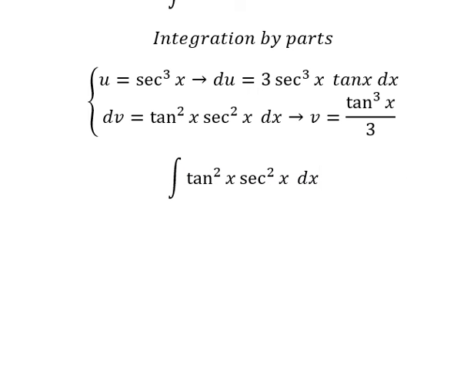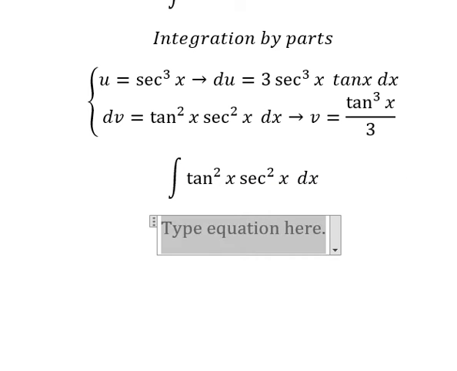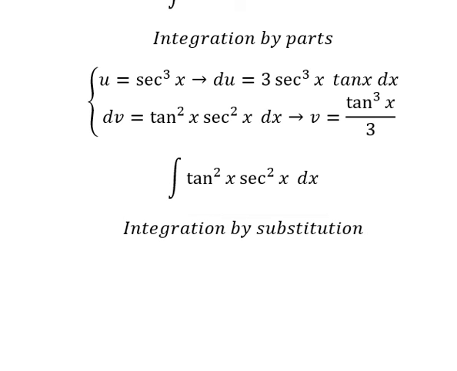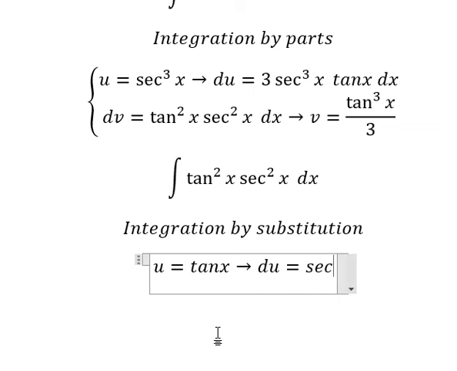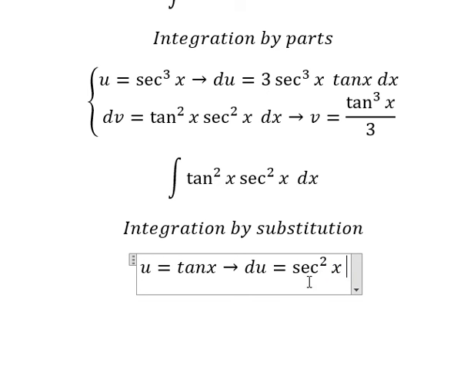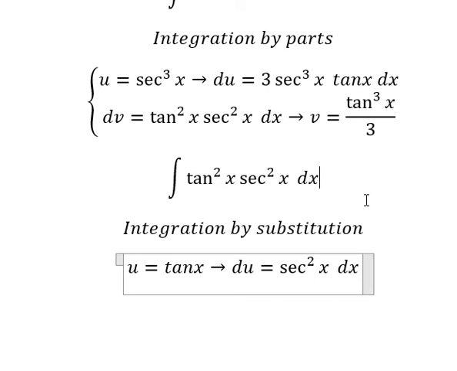So we can use integration by substitution. So I will put u equal to tan s. Later we first do the derivative for both sides, and we have secant of s squared ds.